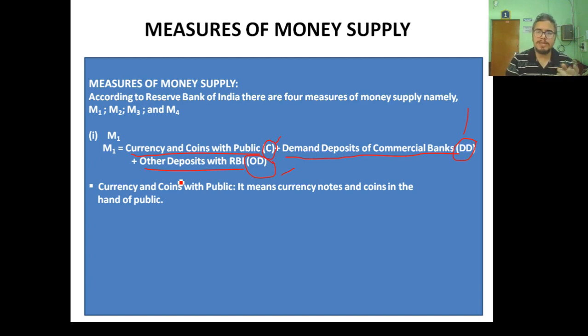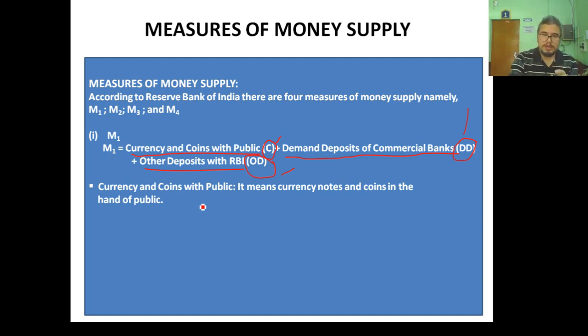Coins like metallic money, 1 rupee, 2 rupee, 5 rupee, 10 rupee, etc. And currency notes like 5 rupee notes, 10 rupee notes, 100 rupee notes, etc. So there is no confusion at all with this first part. It is similar to the component of money which we discussed earlier in our previous class.